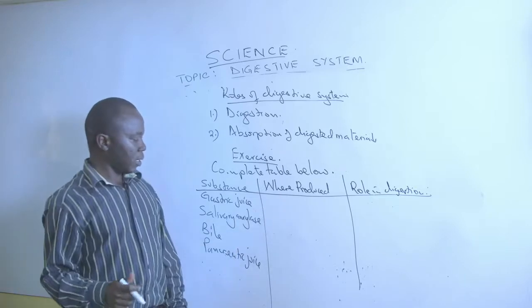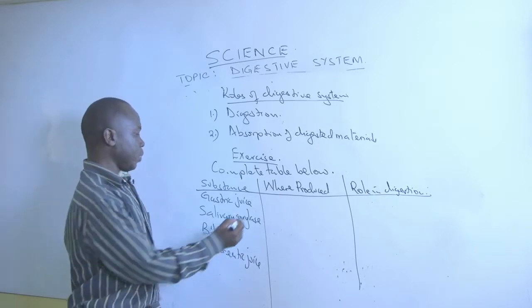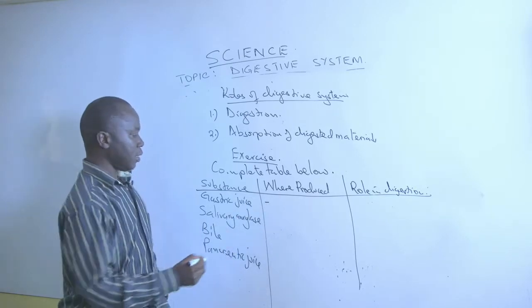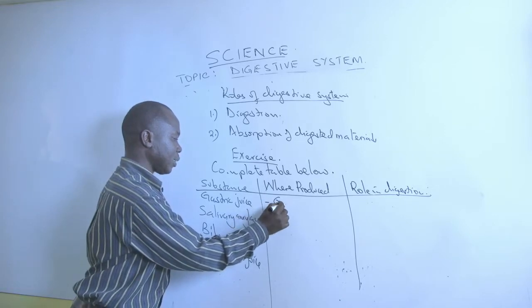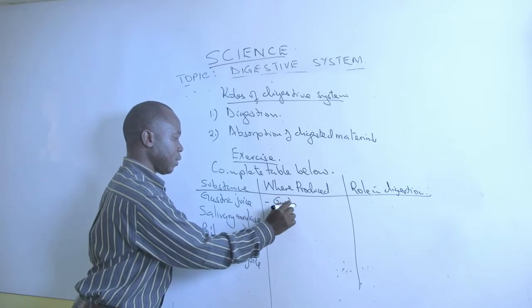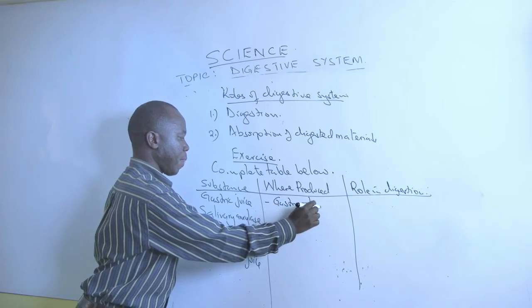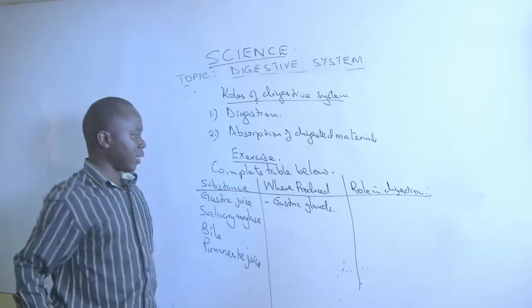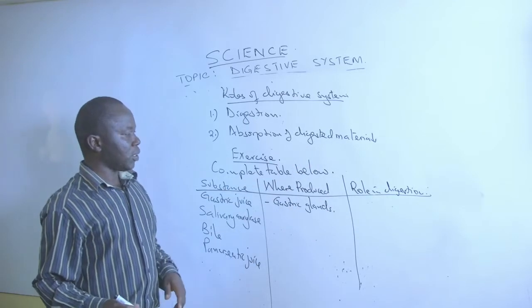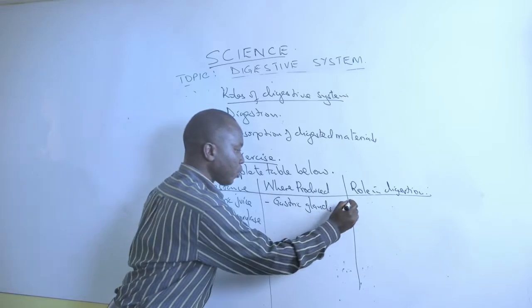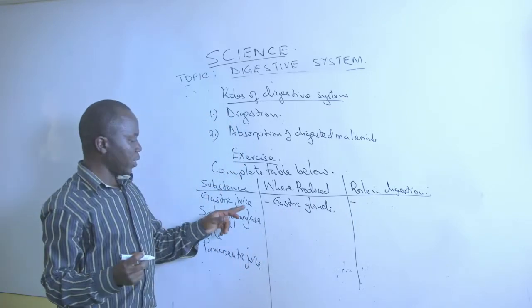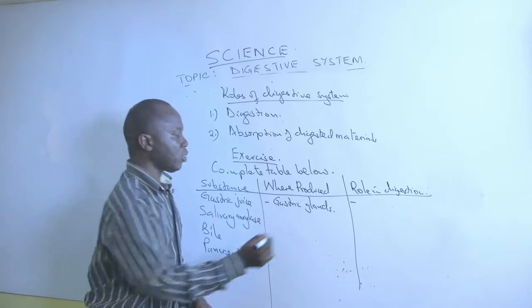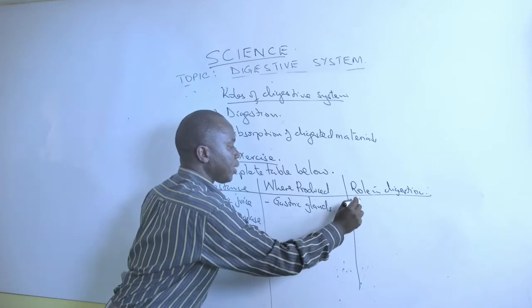Gastric juice, you can remember in the stomach, we said gastric juice is produced by gastric glands. For you to be able to get the role of gastric juice, you have to mention, for example, pepsinogen.